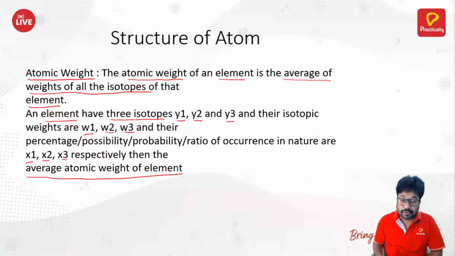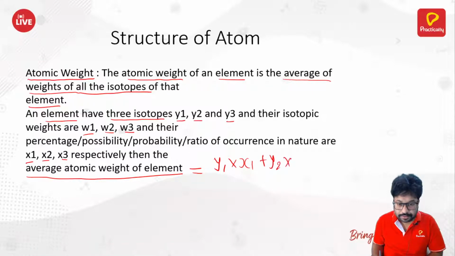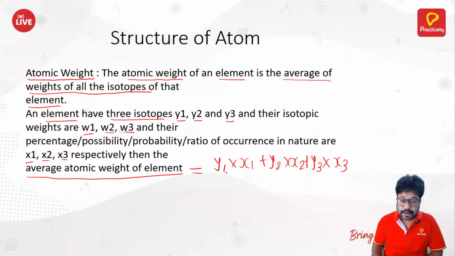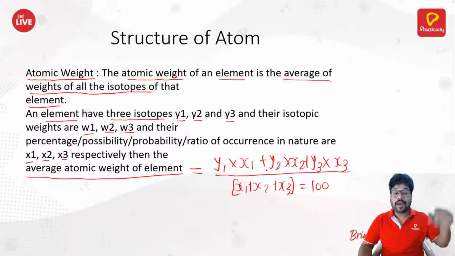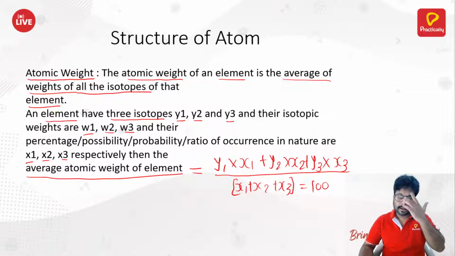Then the average atomic weight of those elements would be y1 into x1 plus y2 into x2 plus y3 into x3 divided by x1 plus x2 plus x3. And we all know the total percentage is equal to 100. So this will give you the average atomic weight of those elements. That's the formula. You will understand this more easily when we cover the numerical.